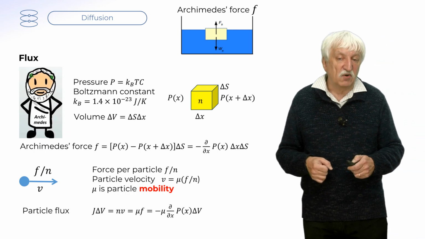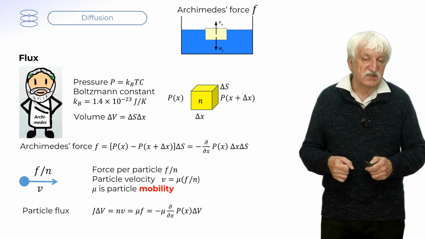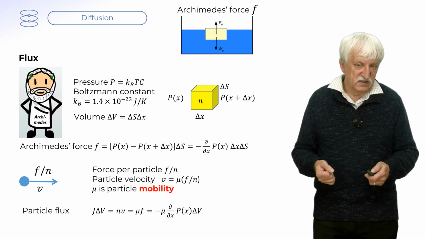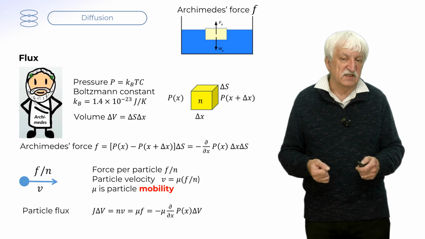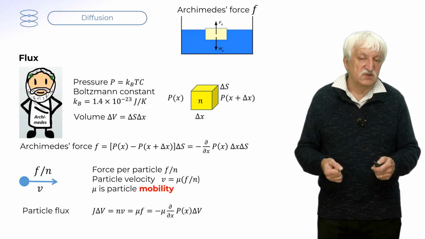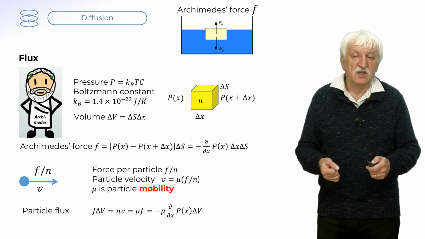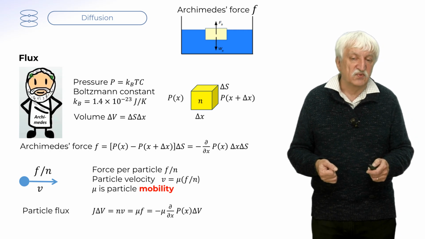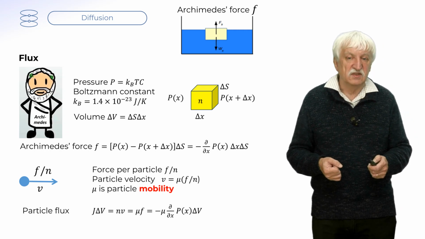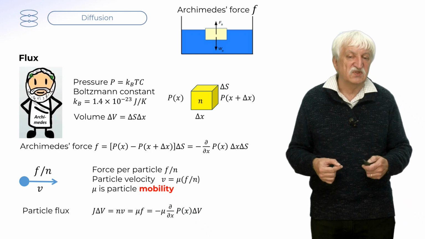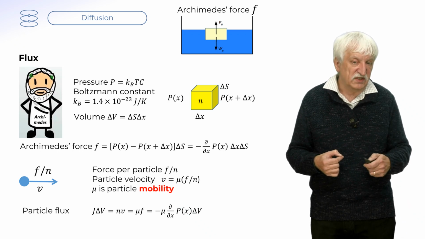And now we are ready to calculate the particle flux. The particle flux, G times delta V, is the number of particles times the velocity of these particles.